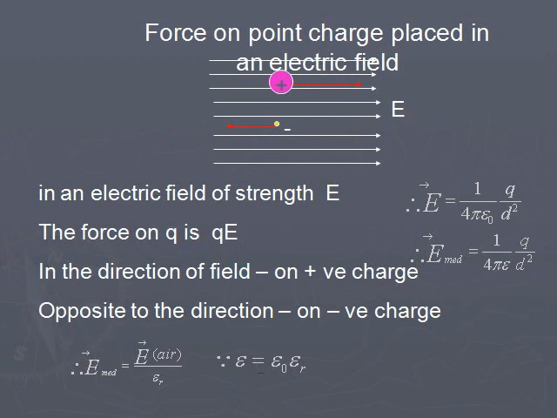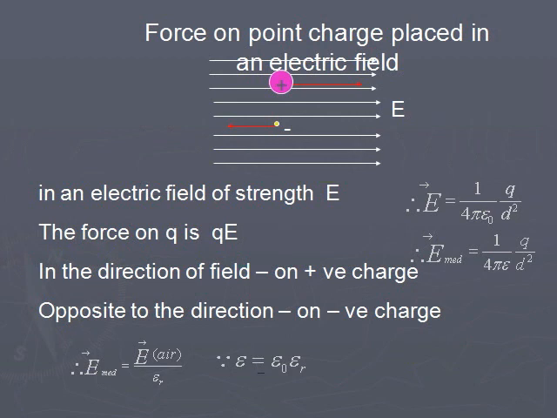If you take the ratio of the field strength in air and in a medium, the field strength in the medium is equal to the field strength in air divided by epsilon r, the relative permittivity, because epsilon is equal to epsilon naught epsilon r.